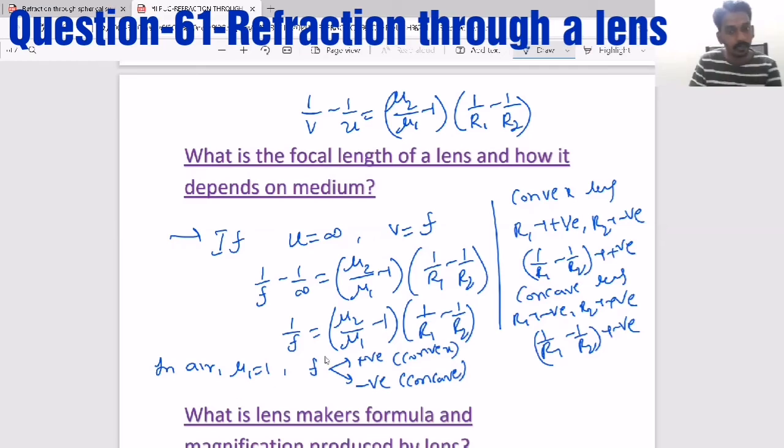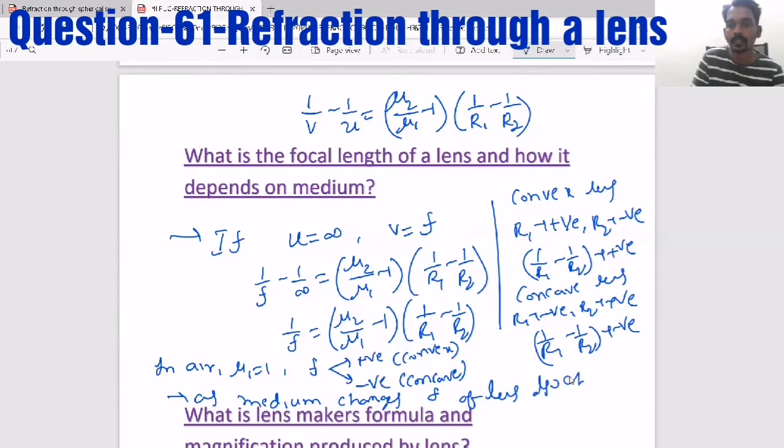But in any other medium, the focal length changes. As the medium changes, the focal length of the lens also changes, because the focal length of the lens depends on the refractive index of the medium. See, the focal length of a mirror is independent of the medium, but the focal length of a lens fully depends on the medium in which it is placed.